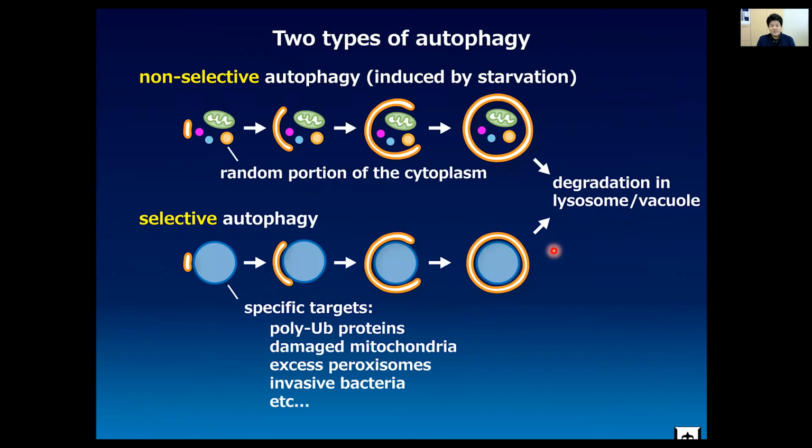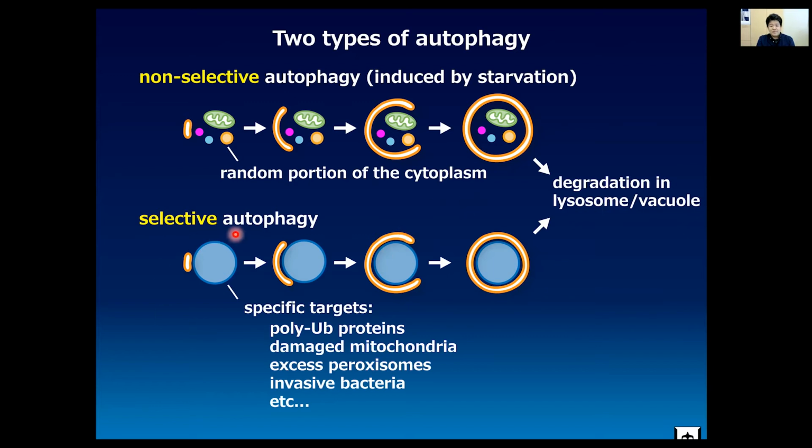There are two types of autophagy called non-selective autophagy and selective autophagy. Non-selective autophagy is strongly induced by nutrient starvation, and cytoplasmic components are randomly sequestered within the autophagosome and degraded in lysosomes or vacuoles. The degradation products are used as nutrients for cells to survive starvation conditions.